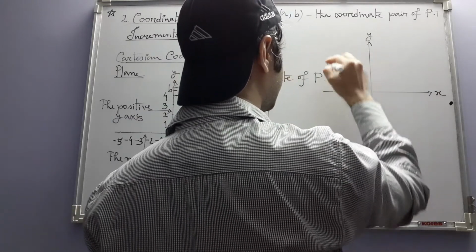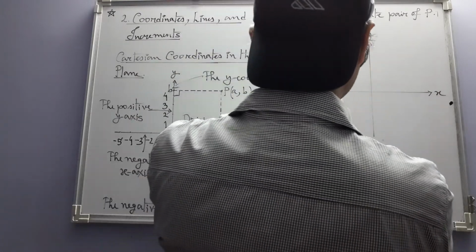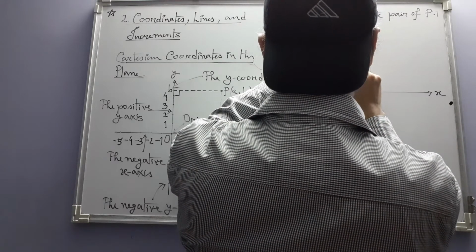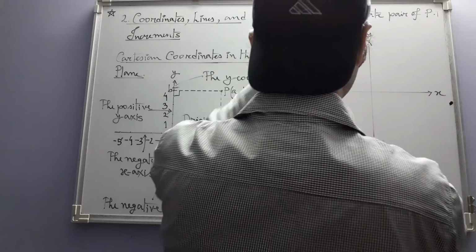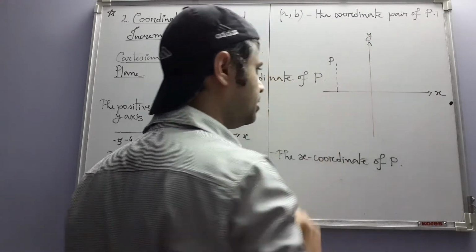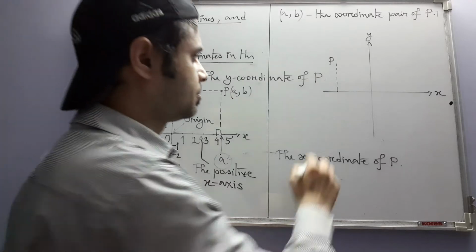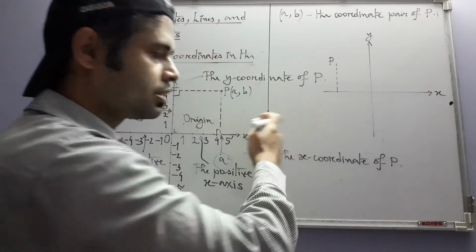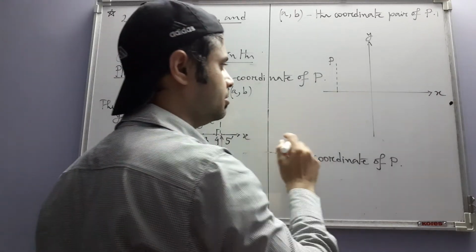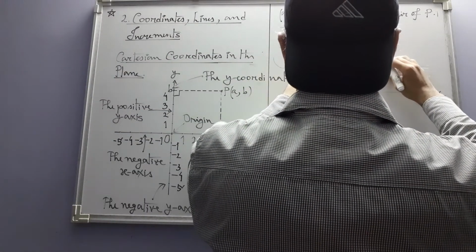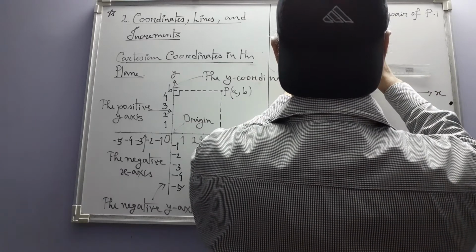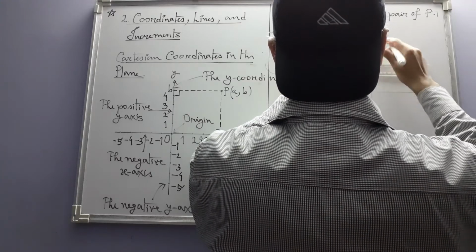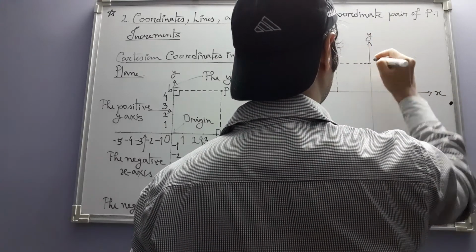If the point lies here, say, then also if you draw a perpendicular from it to the x-axis, you get a unique x-coordinate which happens to be negative because it is towards the left of the origin, and you still get a unique y coordinate, which is this.